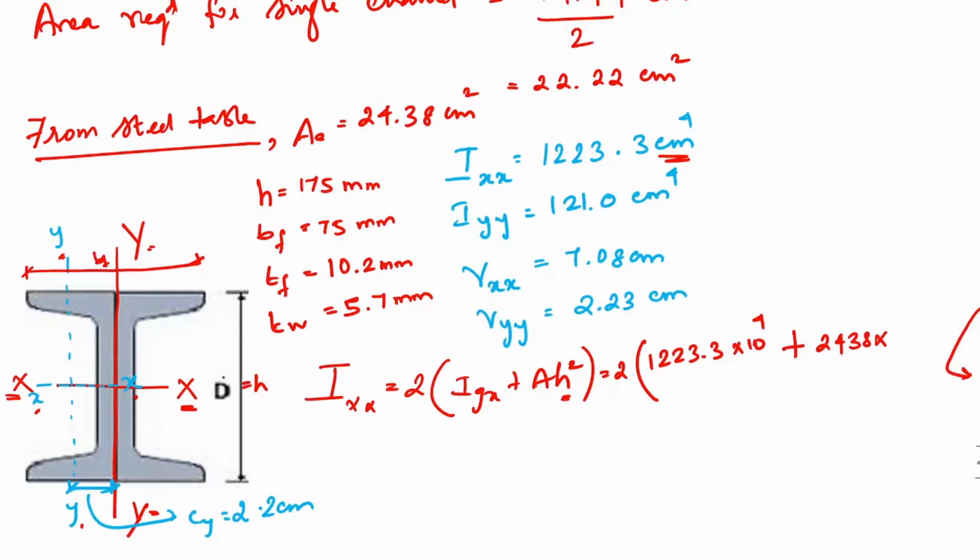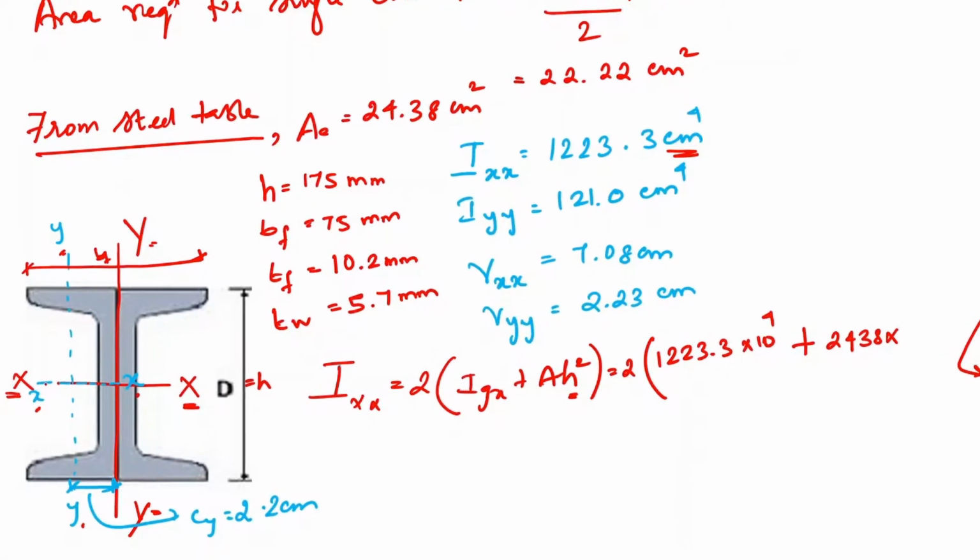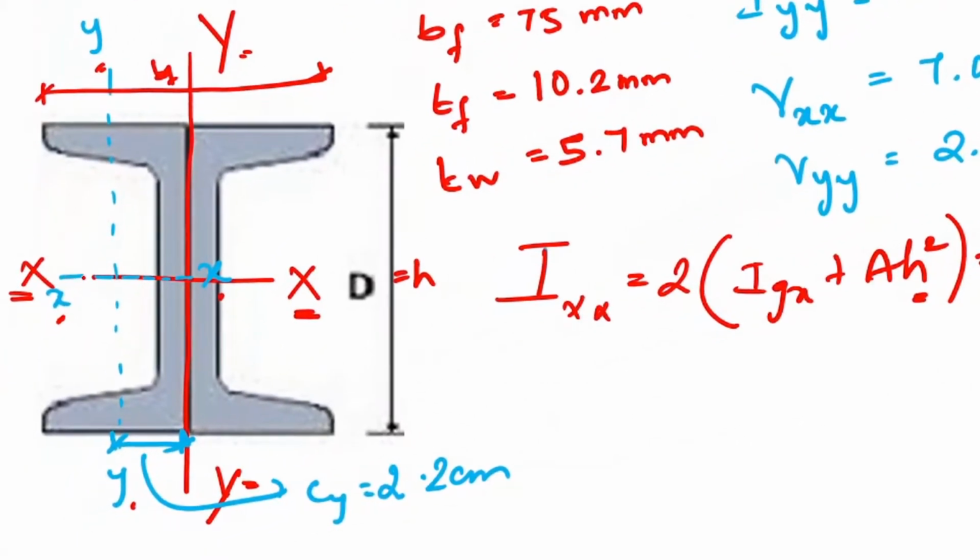So h is the distance between the local moment of inertia and the global moment of inertia, small xx and capital XX. Here the h is 0 since both the axes lie at the same place.